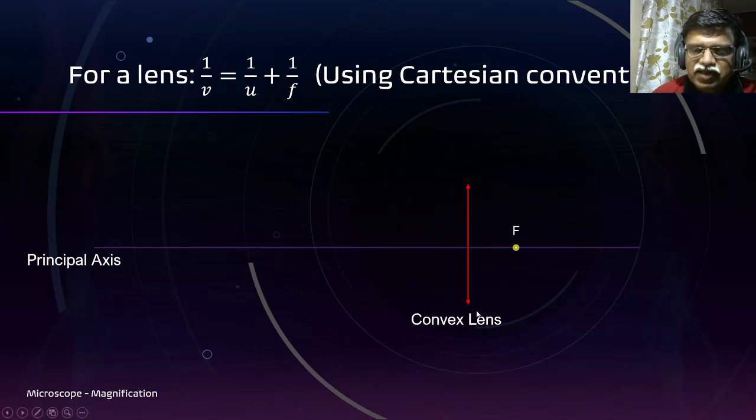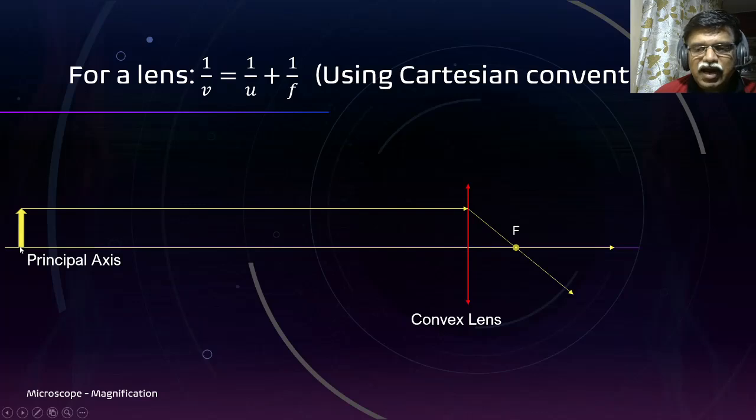Now here is a convex lens, there is a focus over here, and this is the principal axis. If the object is placed at a large distance, using guiding rays we can find out where the image will form. You can see that the image forms at this particular point, and it will be a small image.